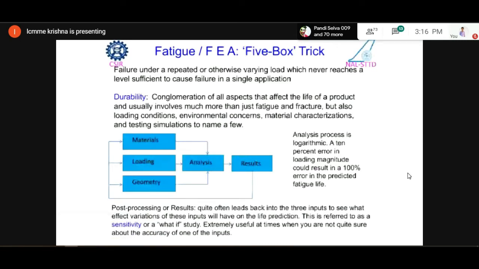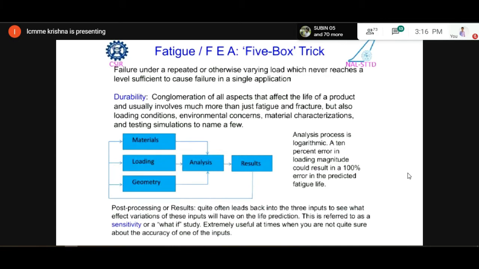This is referred to as sensitivity analysis or a what-if study, whereby we change some of the parameters and see how the behavior changes. It is useful at times when we're not quite sure about the accuracy of one of the inputs. So this sensitivity analysis we need to carry out to have confidence in the results we present.